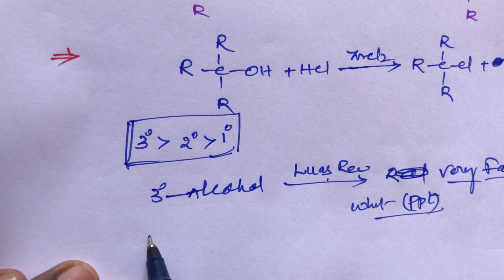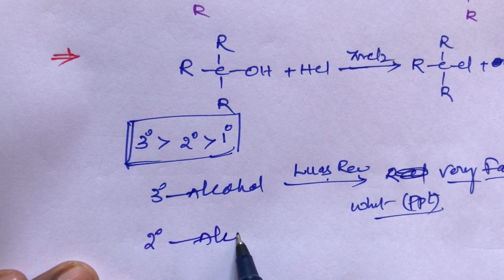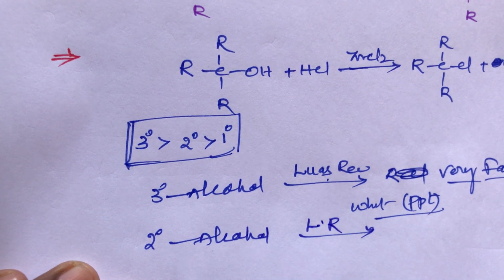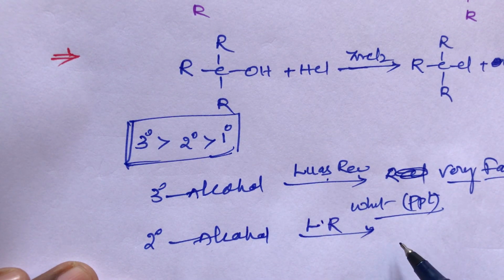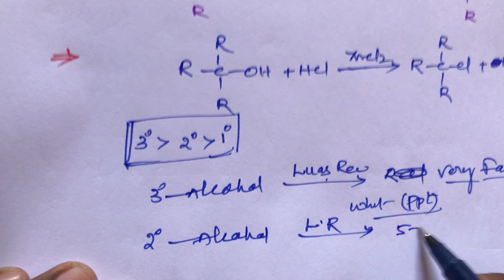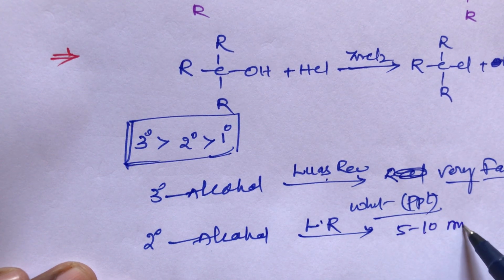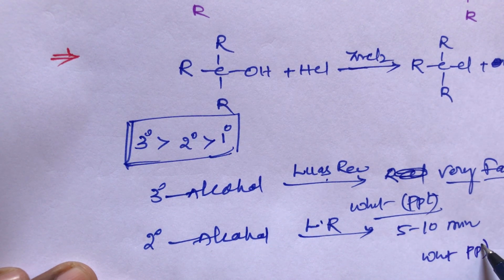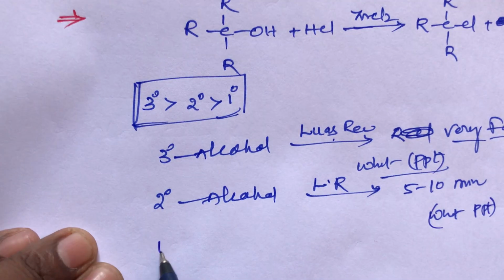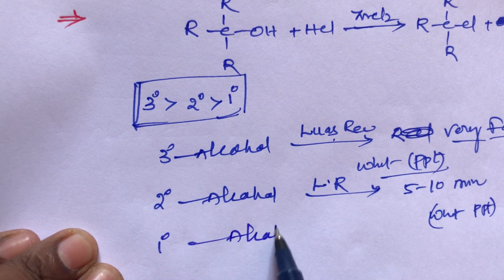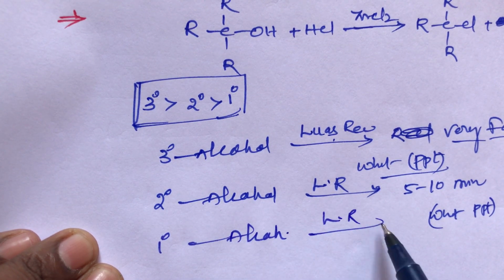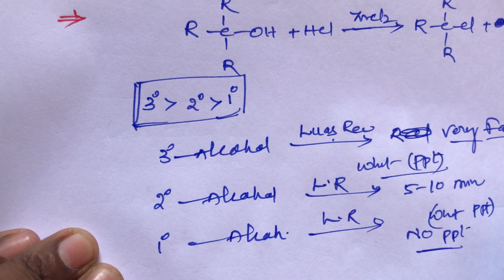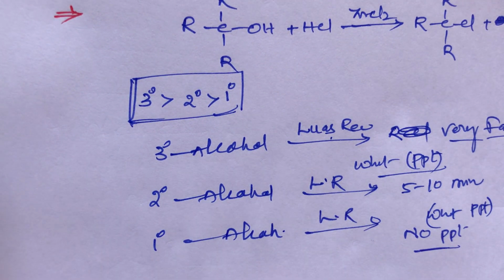Now take secondary alcohols in the presence of Lucas reagent. LR means Lucas reagent. It takes 5 to 10 minutes to give a white precipitate. Then primary alcohols with Lucas reagent: there is no precipitate.